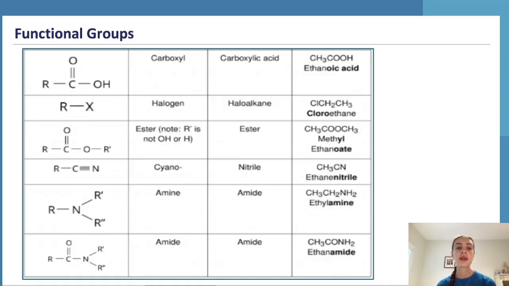In a carboxylic acid, on the end of a chain, and it will always be on the end of a chain of a molecule, you'll have the end carbon of the carbon backbone double bonded to an oxygen and single bonded to a hydroxyl group. This is what's then known as a carboxyl group, the carbon double bonded to an oxygen and single bonded to a hydroxyl group. These are called carboxylic acids.